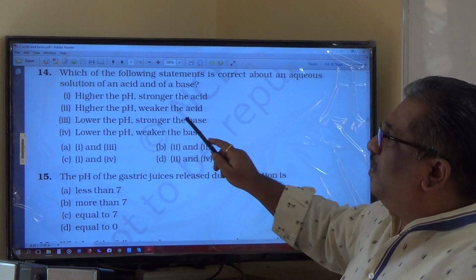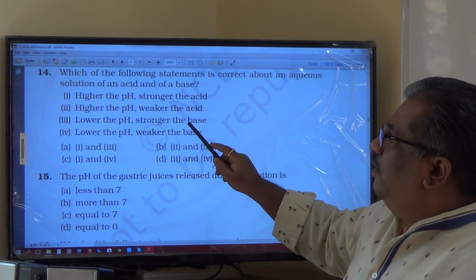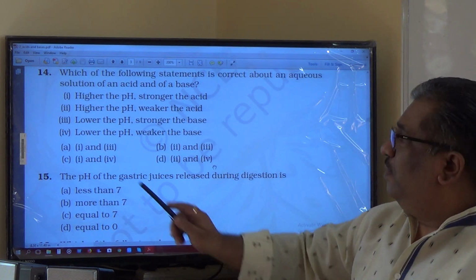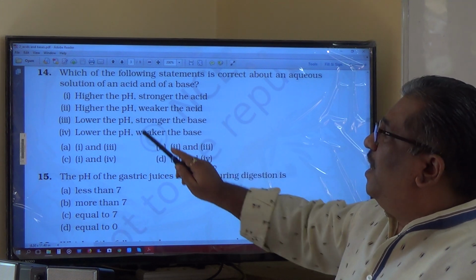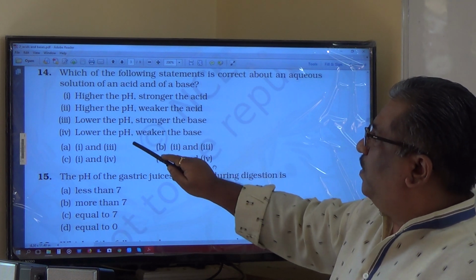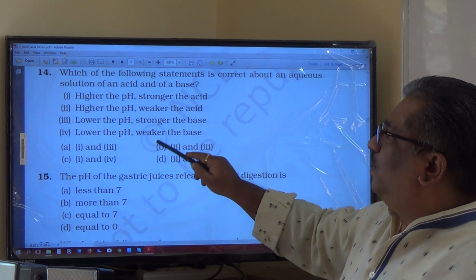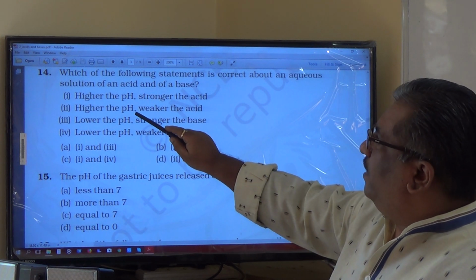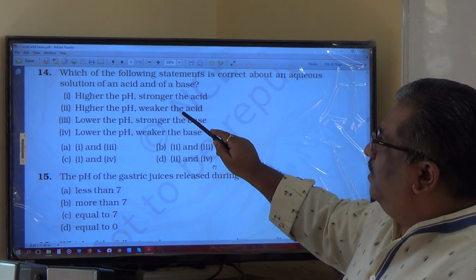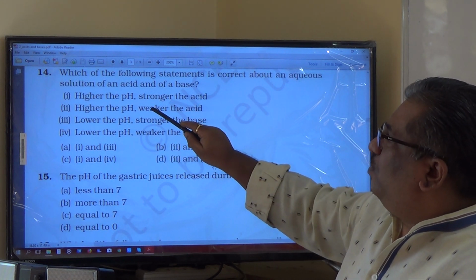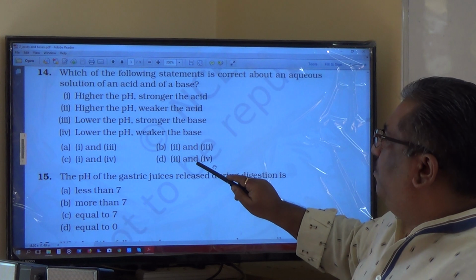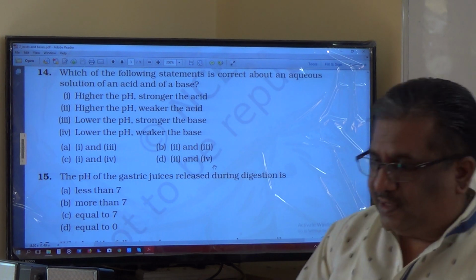Lower the pH, stronger is the base. Wrong. Higher the pH, stronger is the base. Lower the pH, weaker is the base. Yes, that is also true. So, higher the pH, weaker is the acid. Lower the pH, weaker is the base. 2 and 4. Answer D is the correct answer.